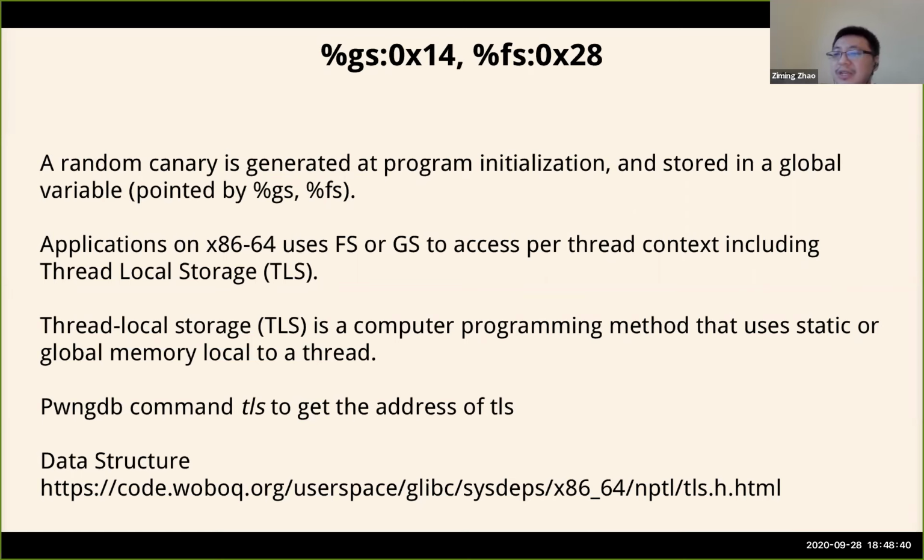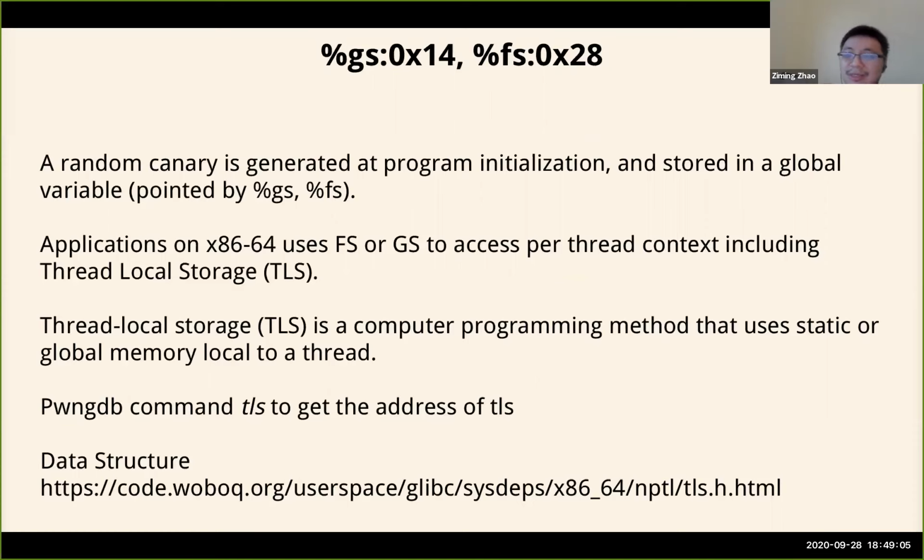In short, I would say applications or kernel programs in Linux make use of the FS register and also the GS register to access per thread context. And that per thread context includes something called TLS, thread local storage.